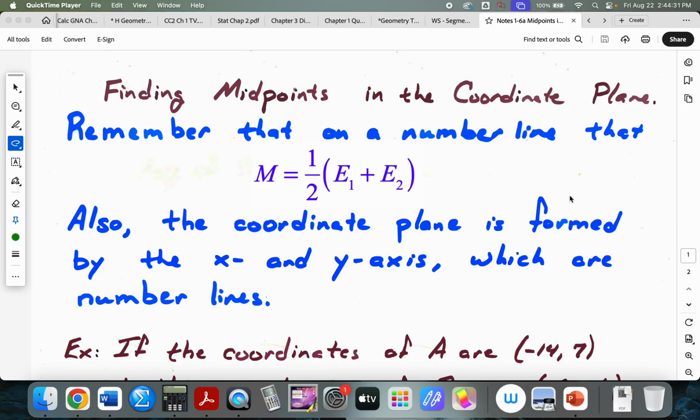The only difference is you'll do it twice, once with the X coordinates and once with the Y coordinates. So don't get all, like, this is so different. No, it's not. It's just once with the X's and once with the Y's, because the X axis is a number line and the Y axis is also a number line.